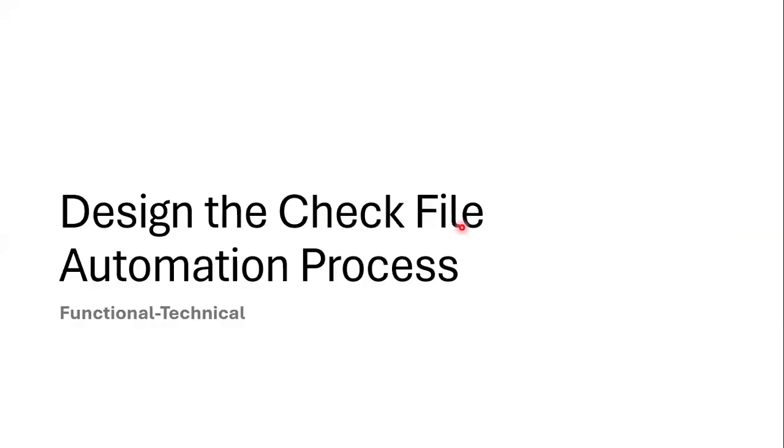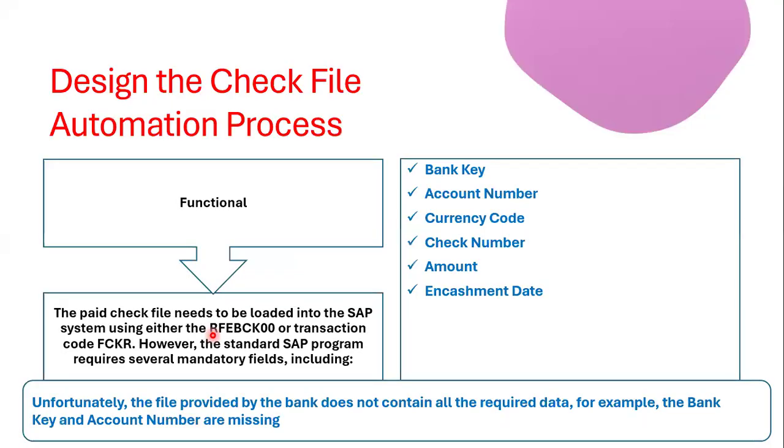Design the check file automation process, functional and technical side. We will discuss how we design for the technical side and the functional issues, and how we tackled them. Okay. Here, design the check file. This is the functional requirement. The paid check file needs to be loaded into the SAP system using a program.